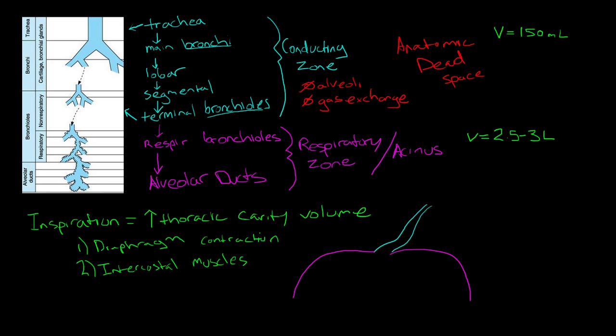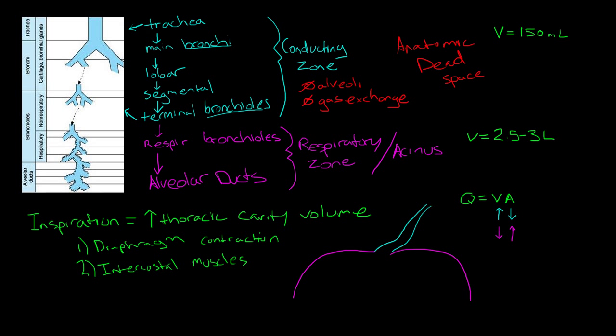And we can see this mathematically with the volume continuity equation. So with that equation, we know that flow is equal to velocity times area. And in the conducting zone, we have a small area, lower area, and a higher velocity. And then in the respiratory zone, we have a much lower velocity, but a higher area.